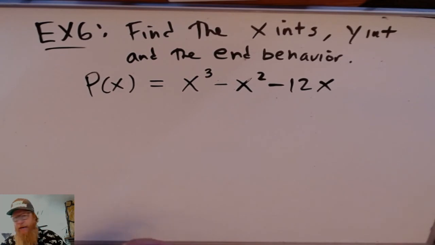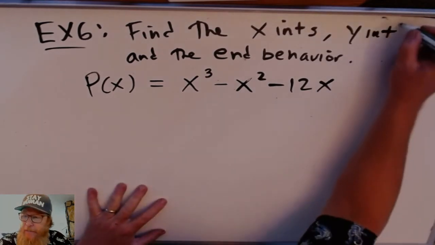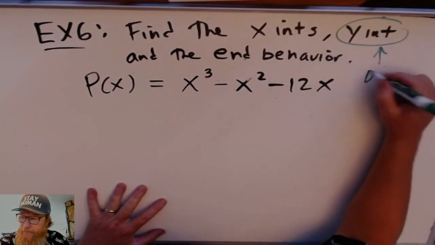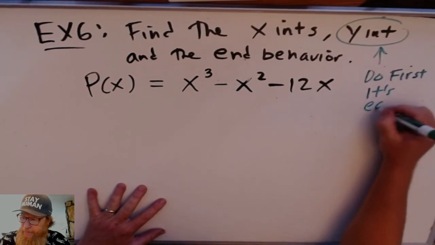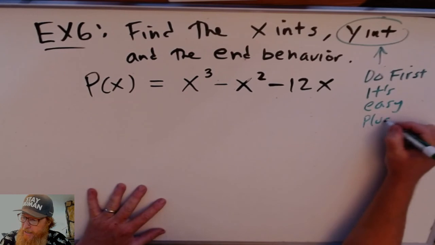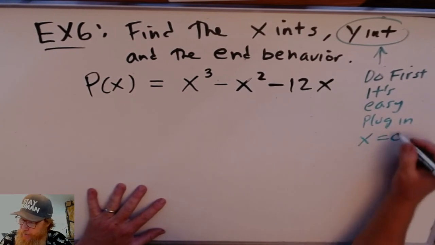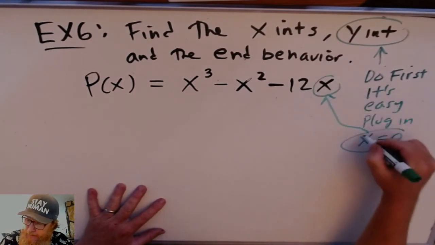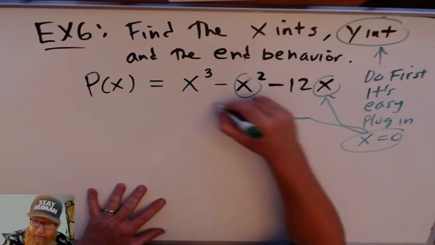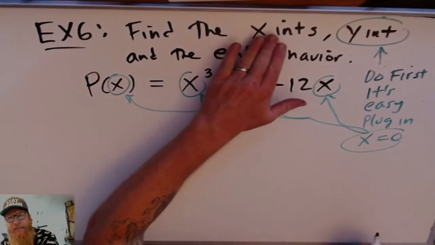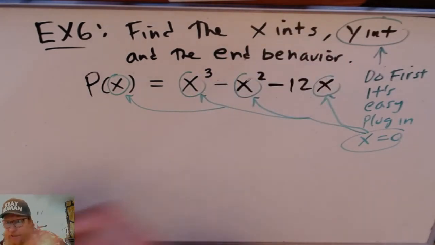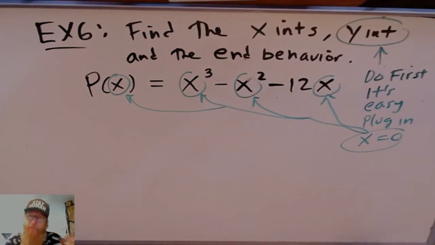All right, so we haven't talked about the y-intercept. Let's do that first, because it's easy. Just plug in x equals 0. Earlier I had said don't plug in 0 because that was for the x-intercepts. For the y-intercept, it's actually very easy. It's just plugging in 0.